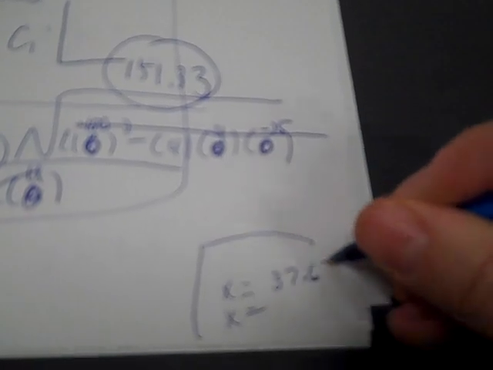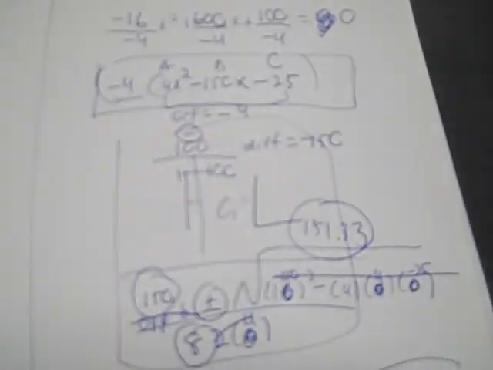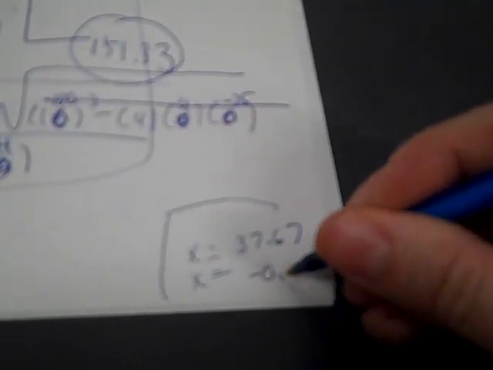So I take 150 plus 151.33 and then divide by 8. That's 37.67. Then I take 150 minus 151.33, divide by 8, negative 0.17. Obviously, I'm going with the higher answer, 37.67.